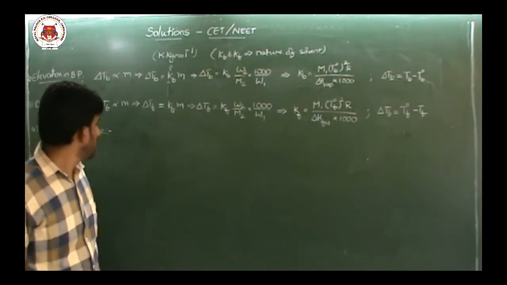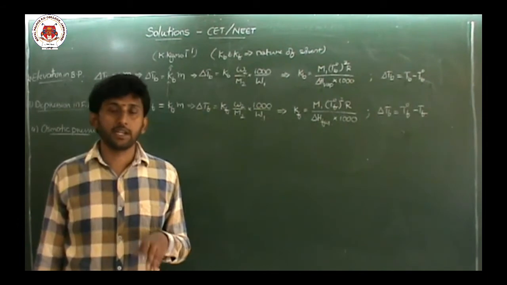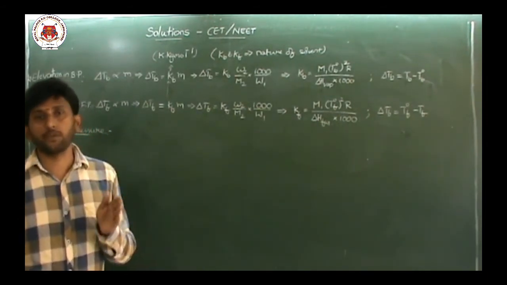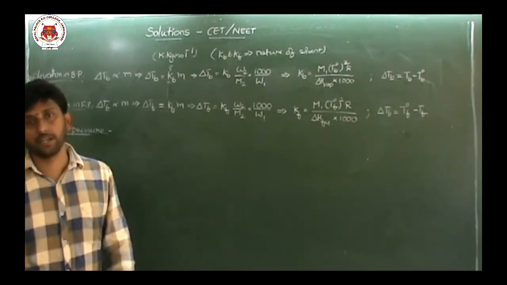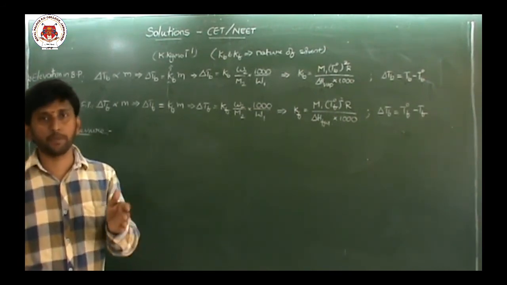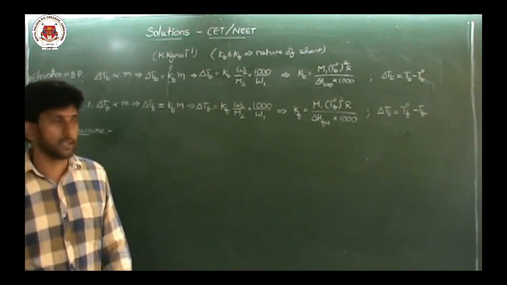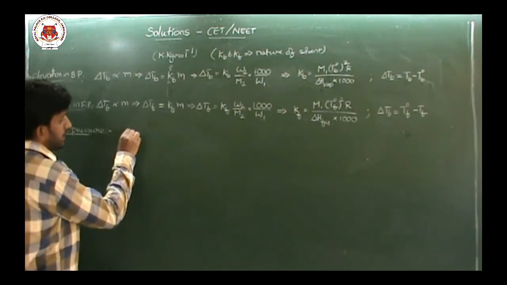That you know. What is osmotic pressure? The pressure that just stops the flow of solvent molecules from lower concentration to higher concentration, or the pressure that just stops the process of osmosis, is called osmotic pressure, and it is given by symbol pi.